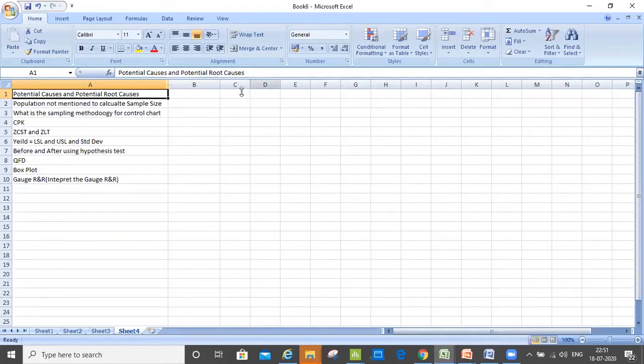The third question is, what is the sample size methodology for control charts? Any sampling methodology for control charts? It is not always mandatory, because it depends upon how many data points have been captured.